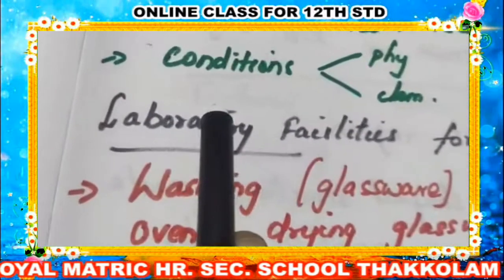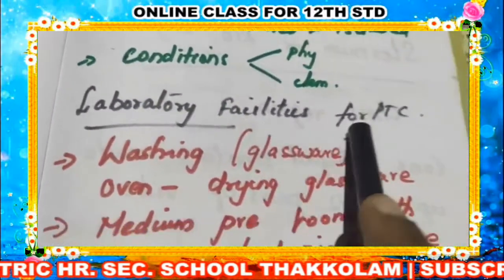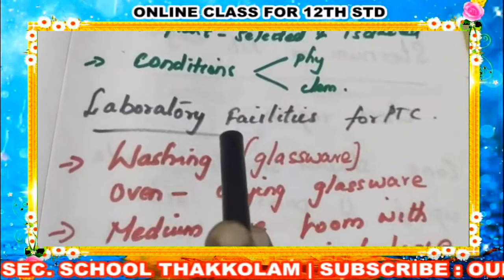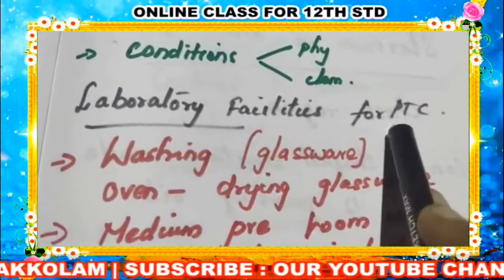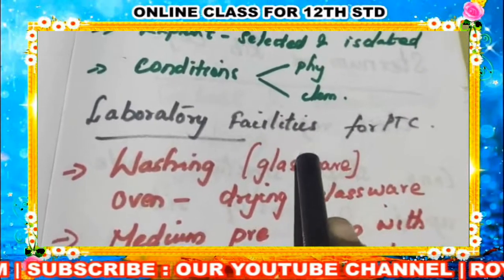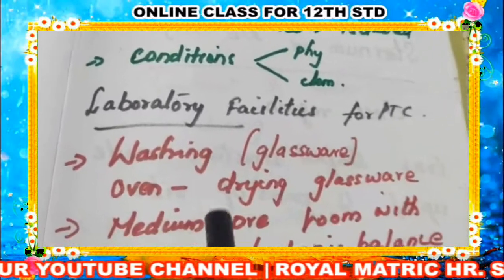Now we will move to the laboratory facilities for plant tissue culture. What should a laboratory possess to do plant tissue culture? First of all, you should have glass vessels, and those should be washed.